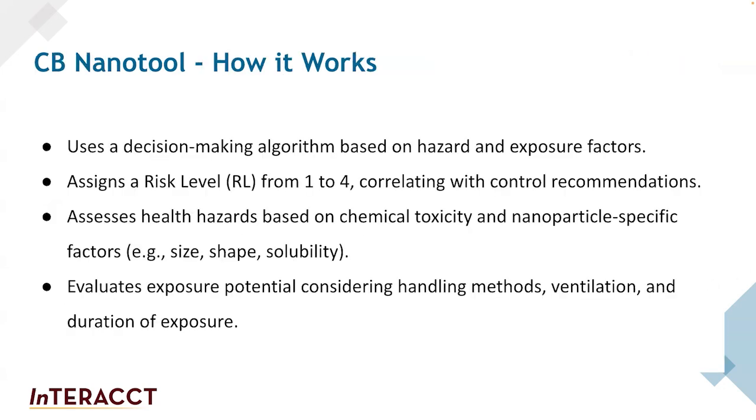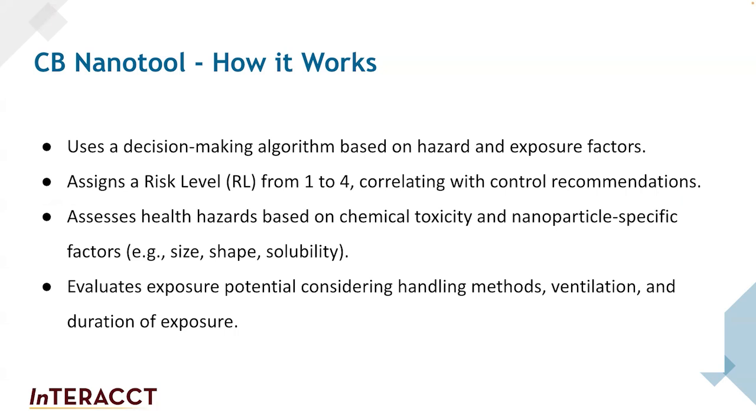The CB Nano tool works by using a decision-making algorithm that combines hazard and exposure information. It assigns a risk level, or RL, from 1 to 4, with higher levels requiring stronger control measures. The hazard assessment considers both the chemical toxicity and characteristics unique to nanoparticles, such as size, shape, and solubility.